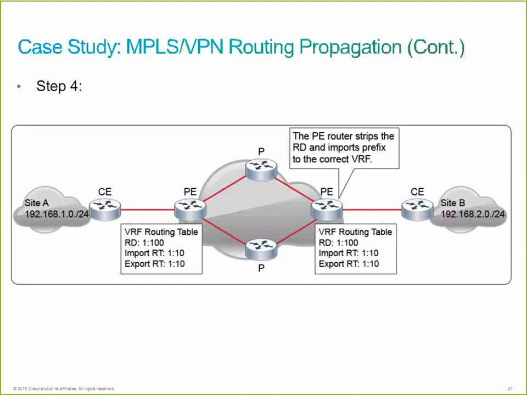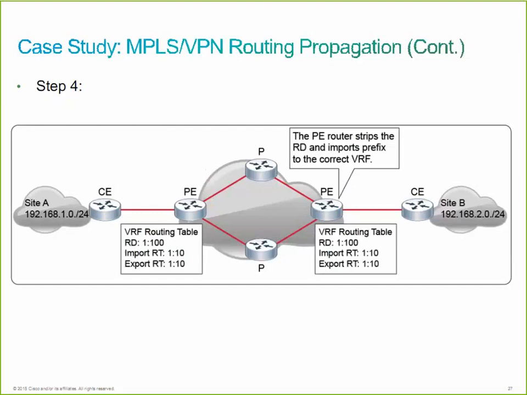But when we're inserting the route into the VRF, we don't need the route distinguisher anymore, right? Because the VRF is unique to that customer. So that route distinguisher tag gets stripped off in the process. The route target on the received prefix was 1:10. That's what the export route target was on the PE router on the left side. That's what the import route target is for the VRF on the right side.